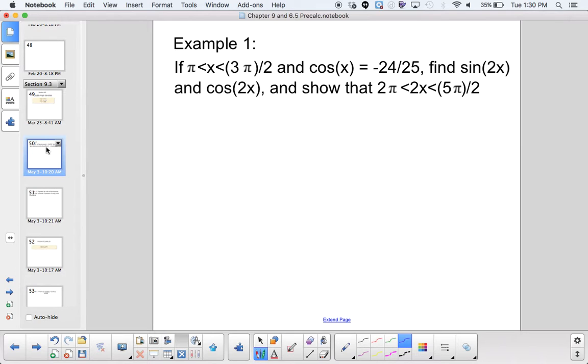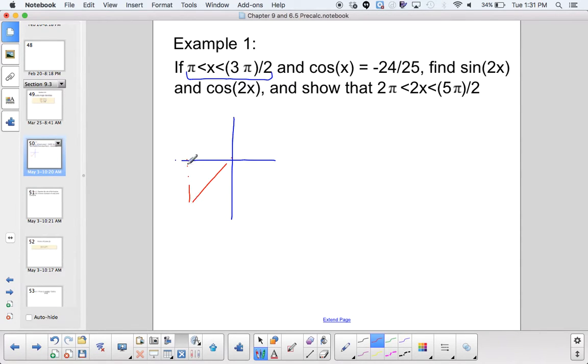And then we're going to show that 2x is between 2 pi and 5 pi over 2. Okay, so we'll start out just by making a sketch here, and you notice that x is between pi and 3 pi over 2, so that means that it's going to fall in our third quadrant.